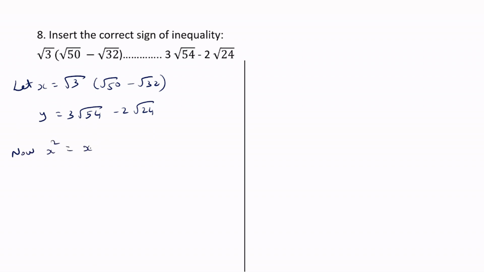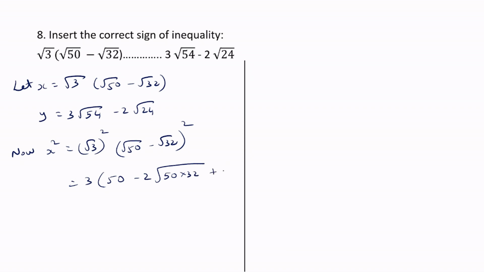So x square will be root 3 the whole square becomes 3 into root 50 minus root 32 the whole square. So this is 3 into root 50 the whole square is 50 minus 2 into root of 50 into 32 plus root 32 the whole square is 32.